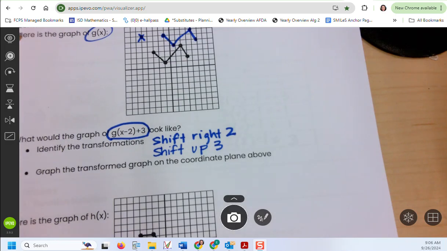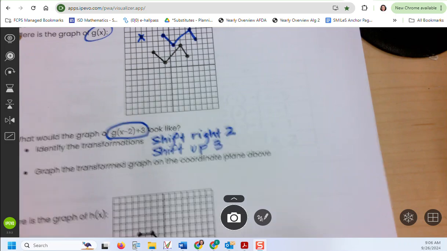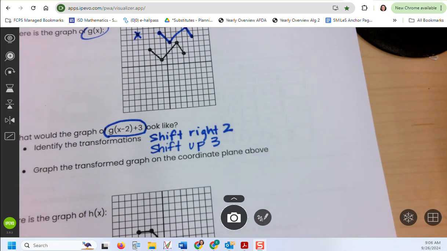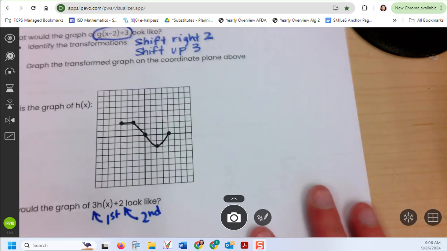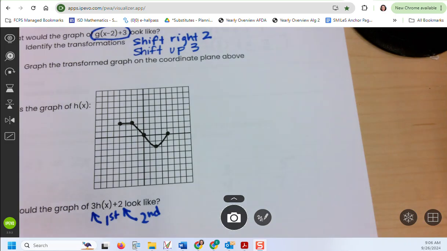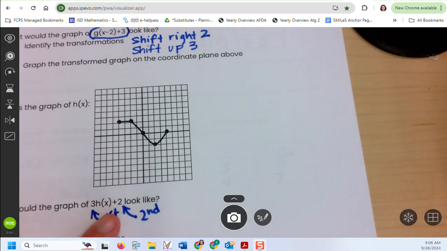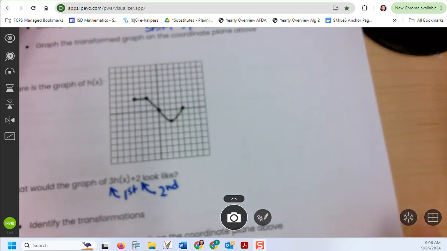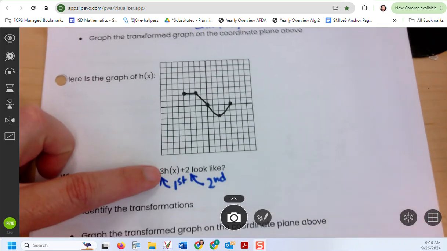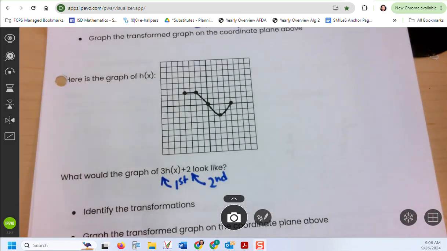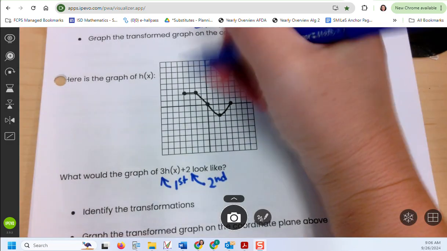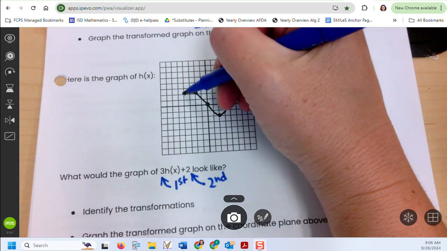All right. We're gonna do the same order of operations down here that you would normally do. Normally you would multiply before you add, and that's what we're gonna do here. So doing a vertical stretch of 3 is tricky. What you do first is you take your y value and you multiply it by 3.